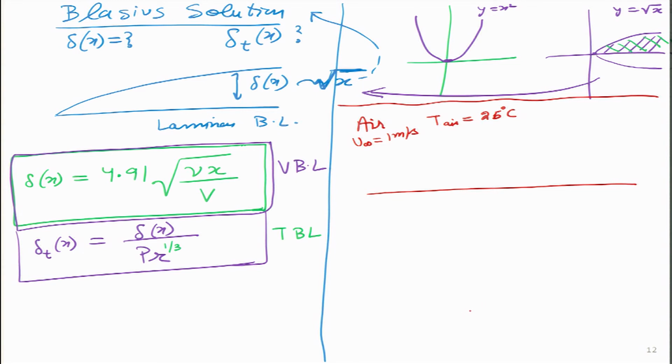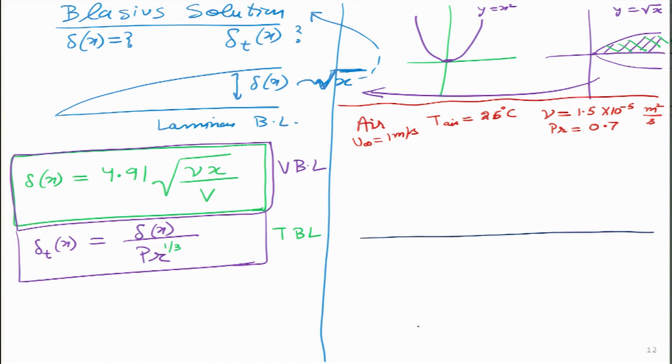I can figure out the kinematic viscosity by looking at tables from a standard textbook. So, maybe it is like 1.5 into 10 to the power minus 5, and the units are meter square per second. For the same condition the Prandtl number is about 0.7 for air. These are values that I have obtained from a textbook, and I want to see how the actual boundary layer would look at scale.